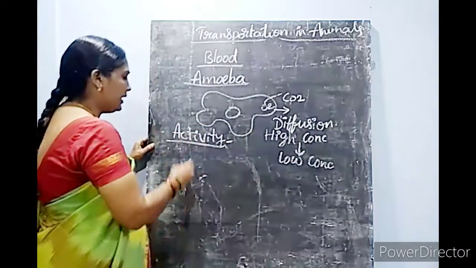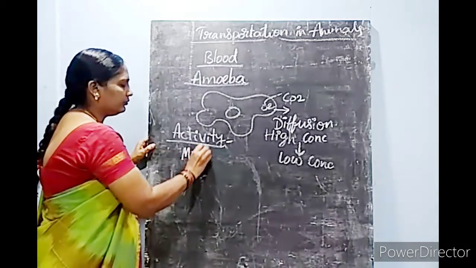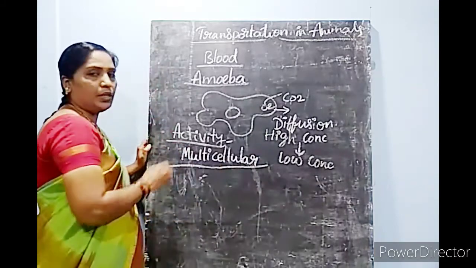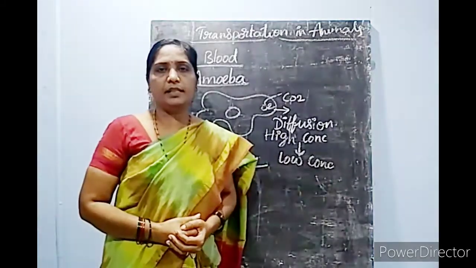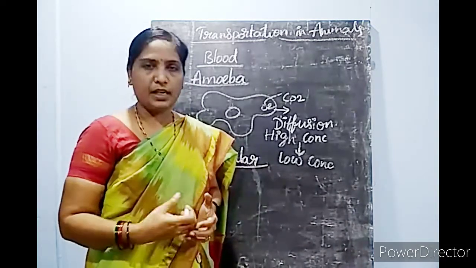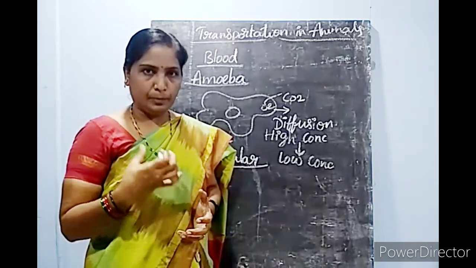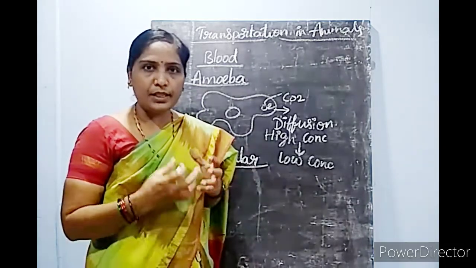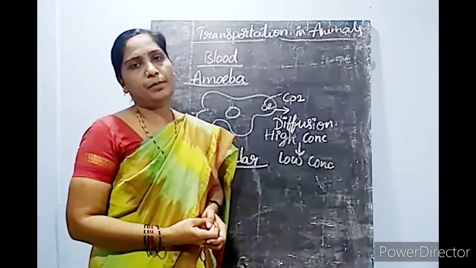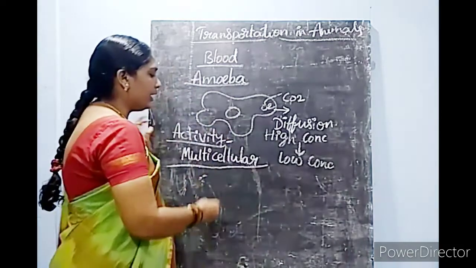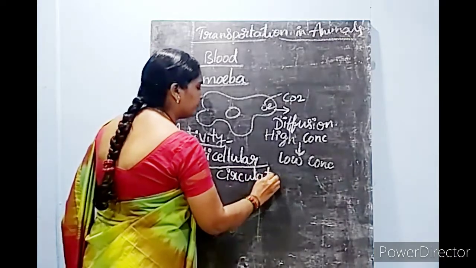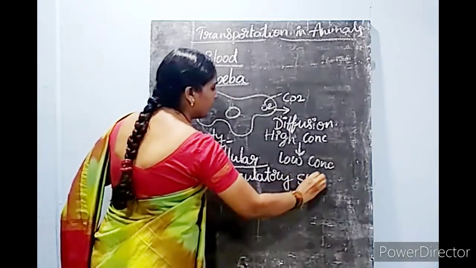And when we come to multicellular organisms, that means their body has n number of cells. In multicellular organisms, transportation takes place by blood. The system which helps the multicellular organism to transport materials is known as the circulatory system.